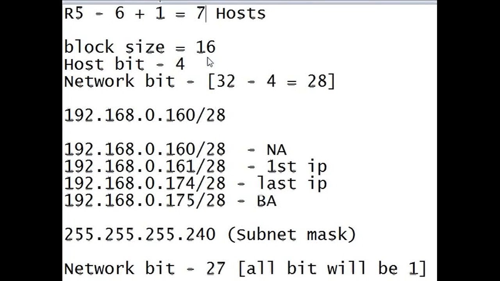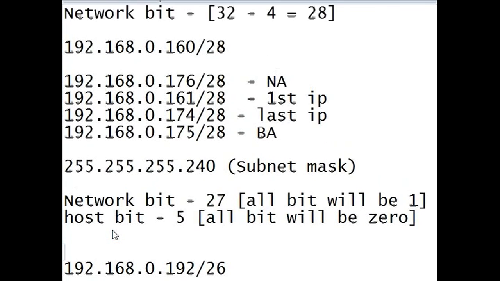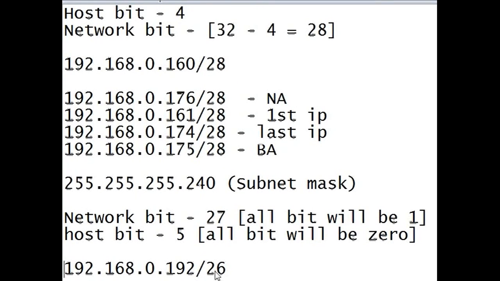this particular subnetwork. So here in this case my block size will be 16, so it will start from 176, and this 176 will go till 192.